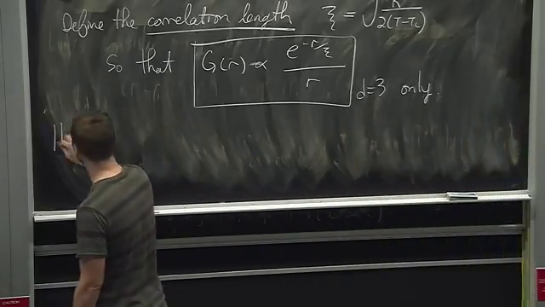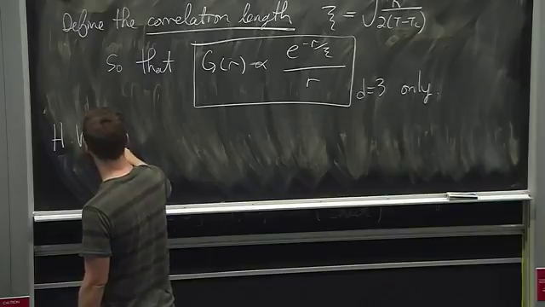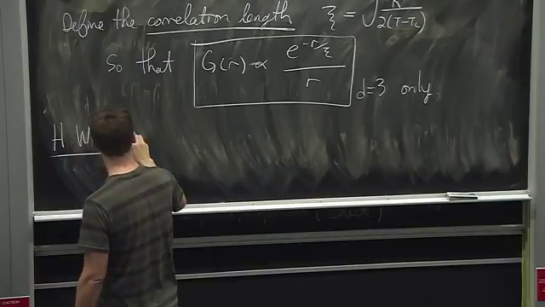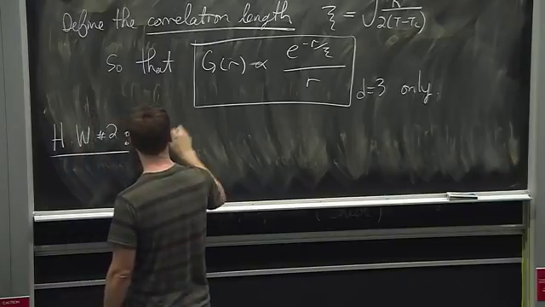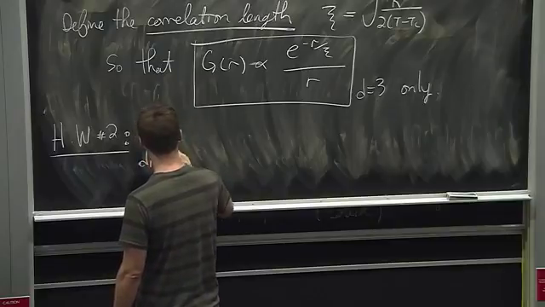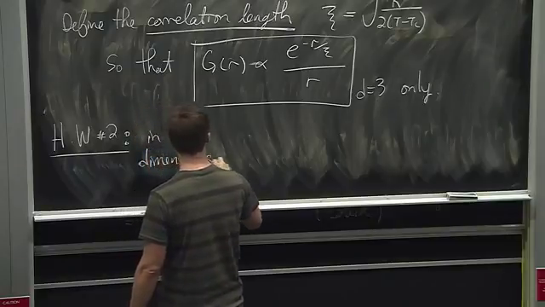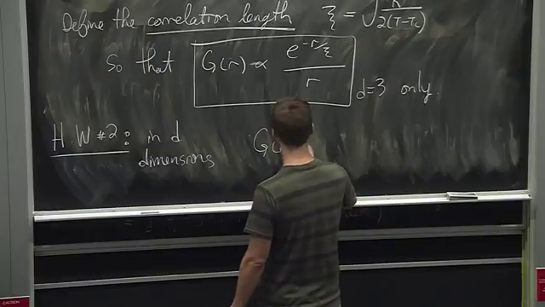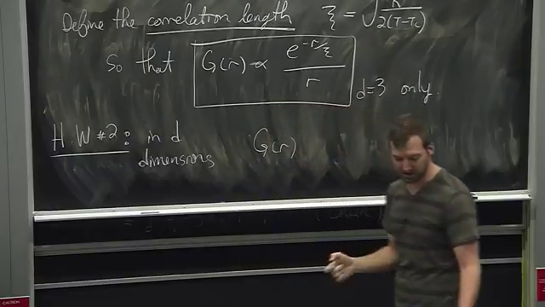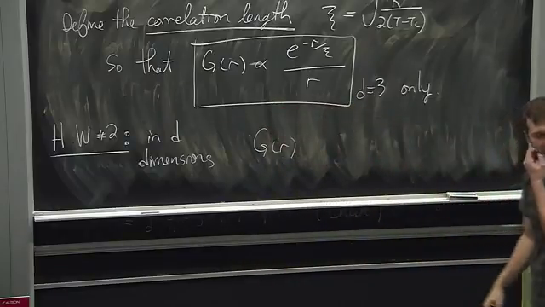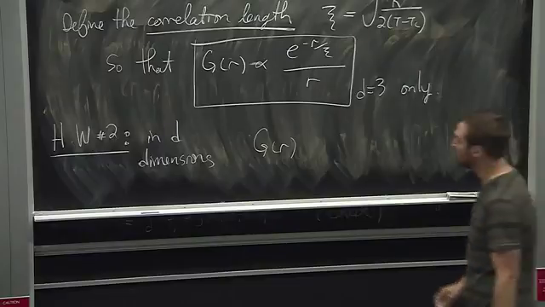So this is homework 2. In D dimensions, you'll find G of R. Again, R is just the distance, but now you're in higher dimensional space between the two sites.